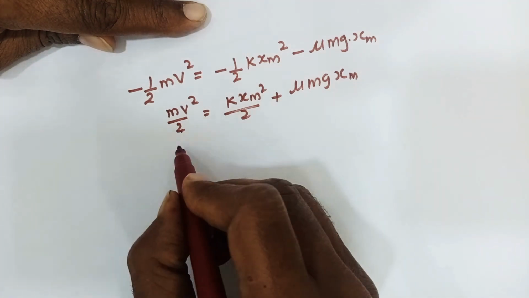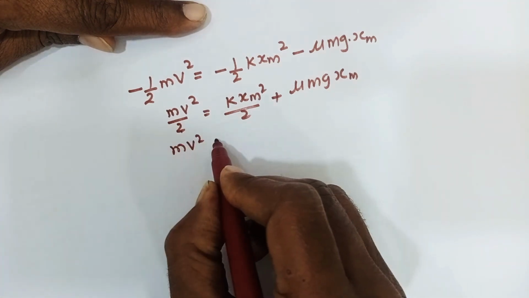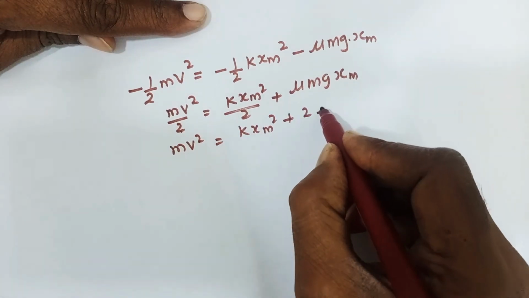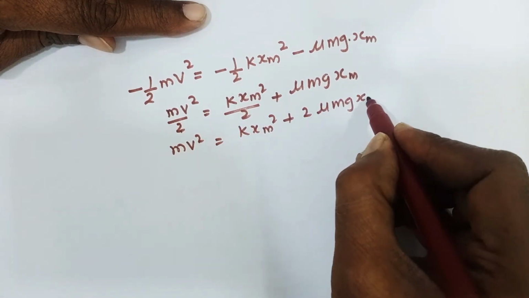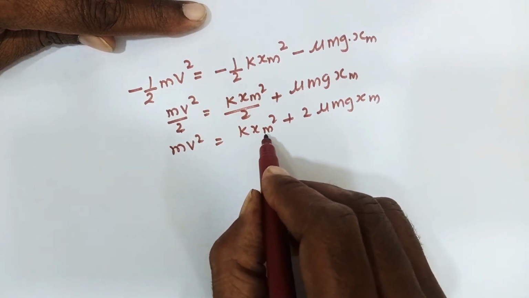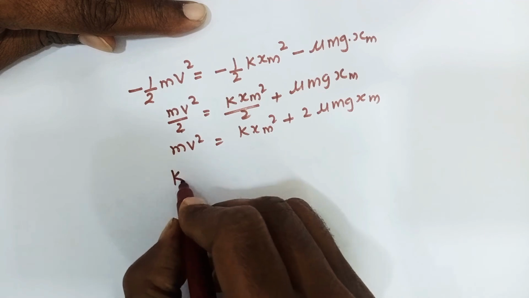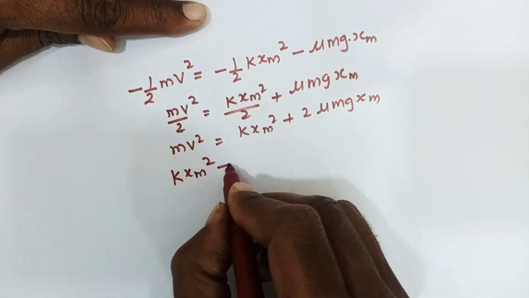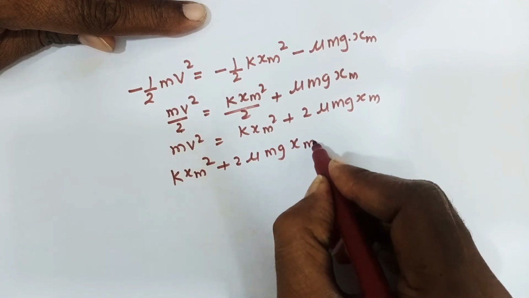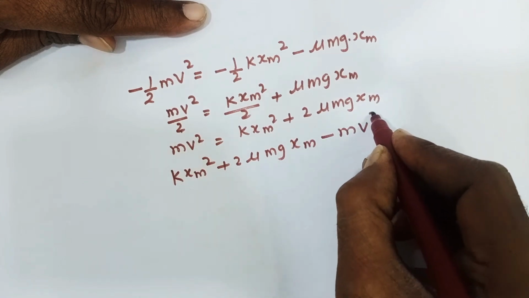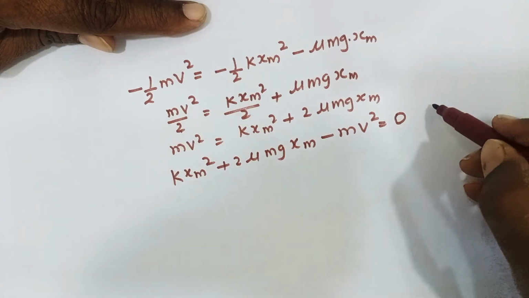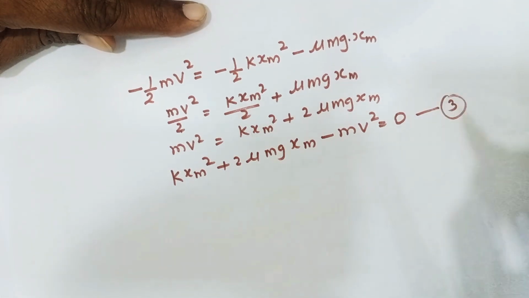So m v square equals k xm square plus 2 mu mg xm. Then we can write k xm square plus 2 mu mg xm minus m v square equal to 0, and we call this equation number 3.